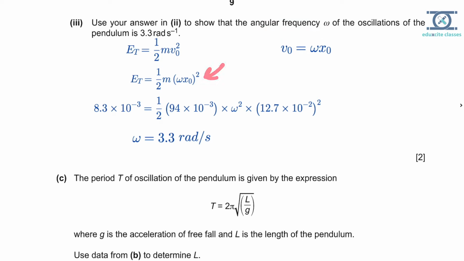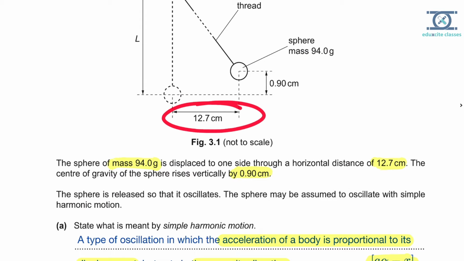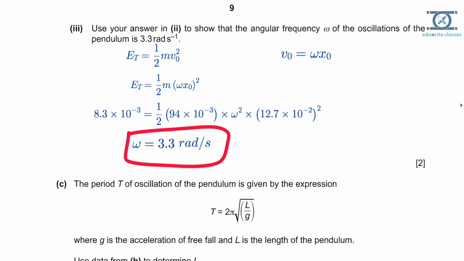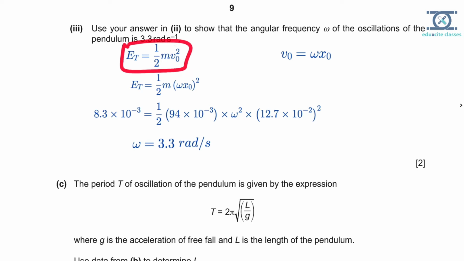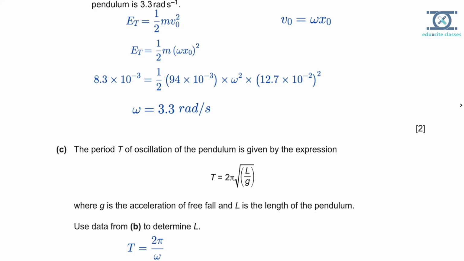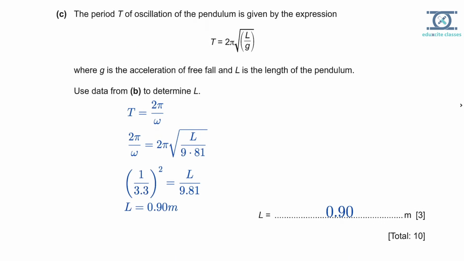In the previous part we calculated the total energy as 8.3 into 10 raised to power minus 3. Half mass is already given, omega square, and x naught is the maximum displacement, which you can see here is 12.7. Putting in all the values, you will get omega as 3.3 radian per second, which we had to show. 1 mark for your equation, substitution and getting the correct answer, so we get 2 marks. Now the C part.